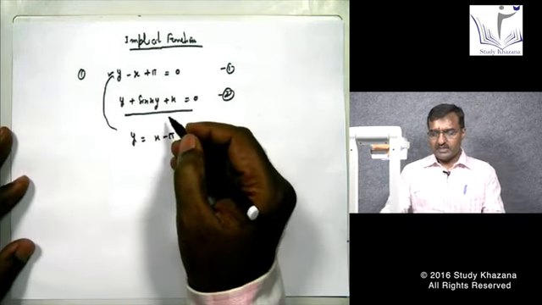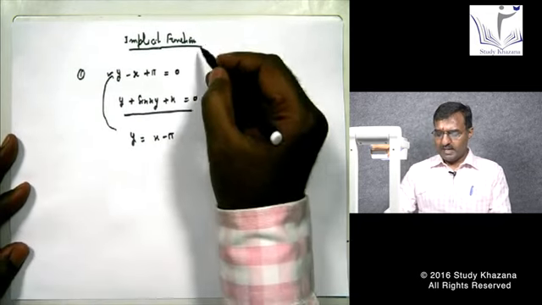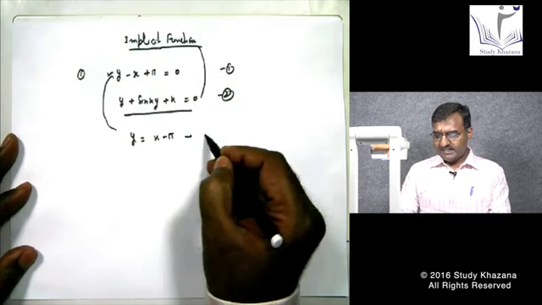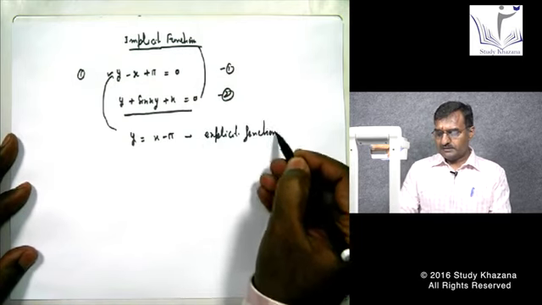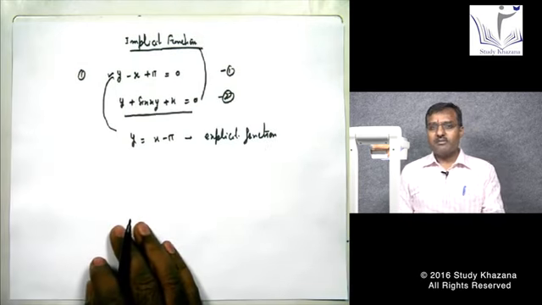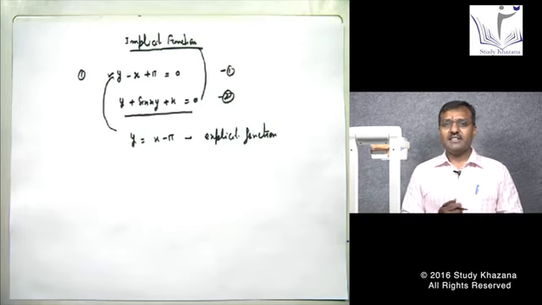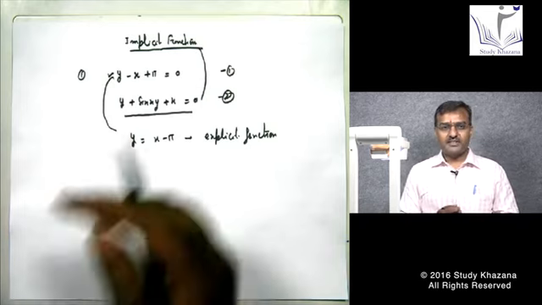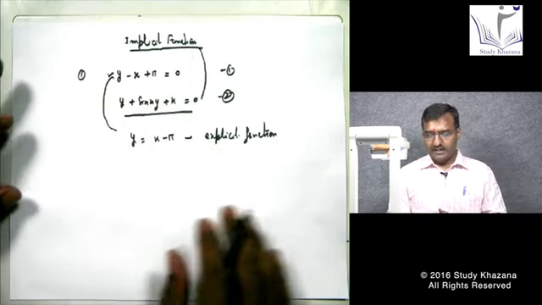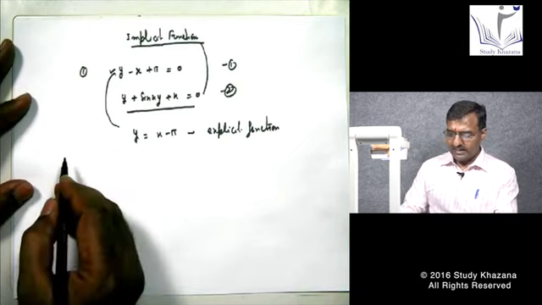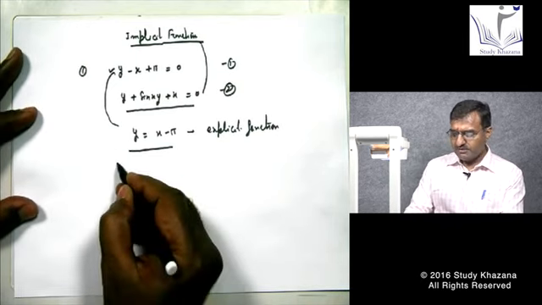Such functions in which it is not easy to separate y are known as implicit functions, and the first is nothing but explicit. So first you got the idea how to find whether the given function is explicit or implicit. The implicit function is one in which it is not easy to separate y. Now we will start how to find the derivative of such functions. You can see the derivative of this is very simple.